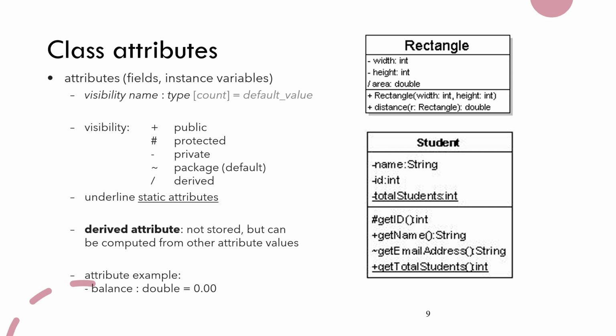We can see these features in the class presentation, but not in ER. ER maybe they have, but they are defined in another way, not in their diagram. But here in the class diagram, we can see the visibility of the class method, whether it is protected, public, private, default and so on. Derived attribute is not stored but can be computed from other attribute values.